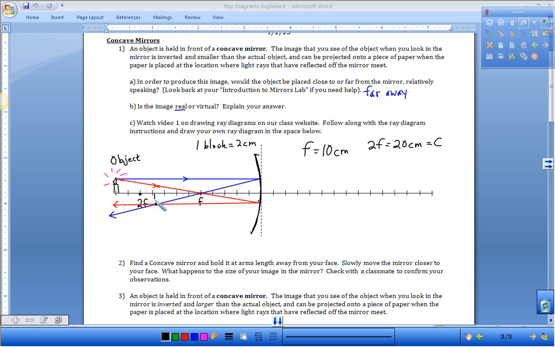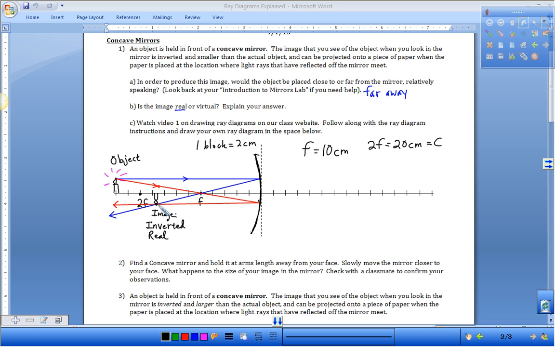So right here, I'm going to draw from the principal axis headed downward. This is a candle. That's my image. And that image looks inverted. Okay. It's real because the light rays actually meet there. And if I was looking at the heights, it's kind of hard to tell on my picture, but this height looks a little bit bigger than that height.